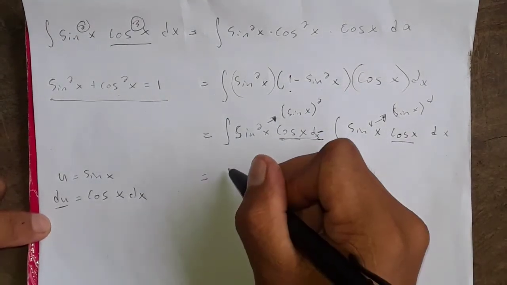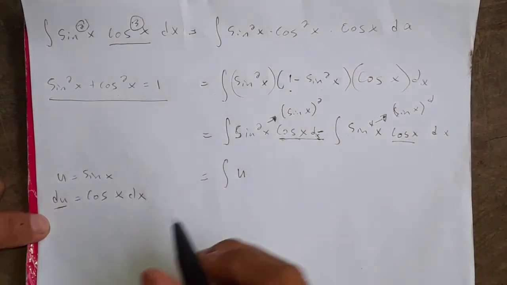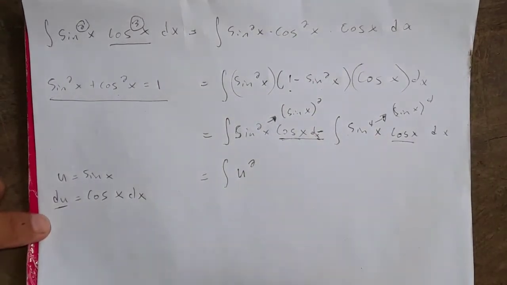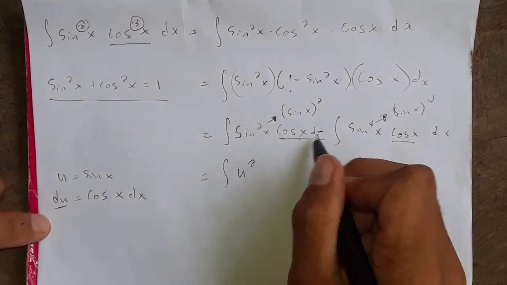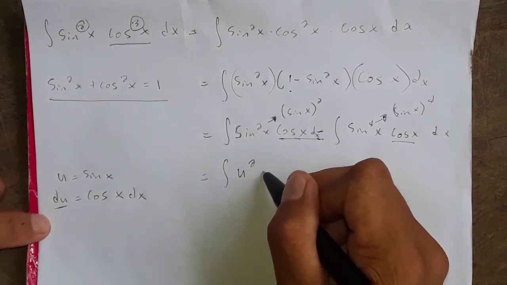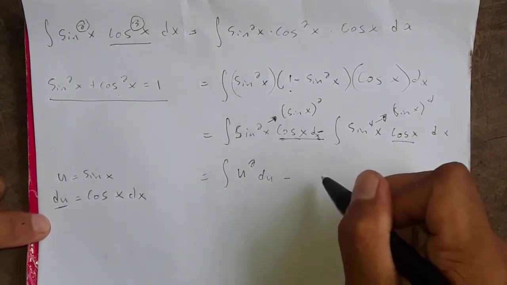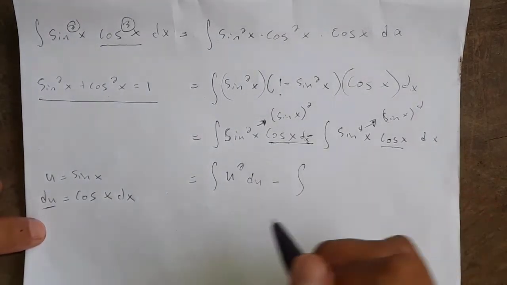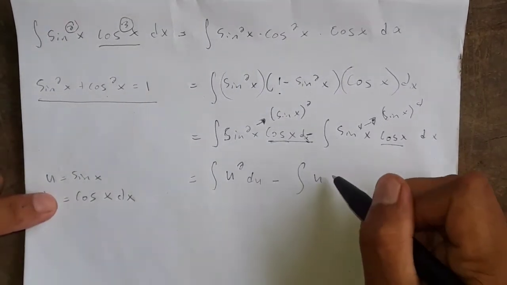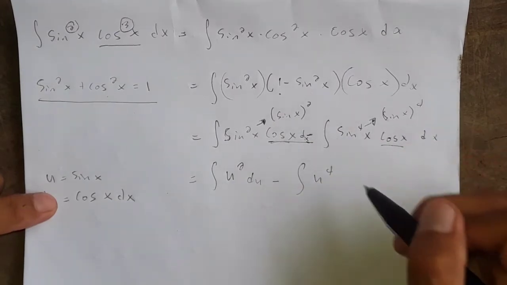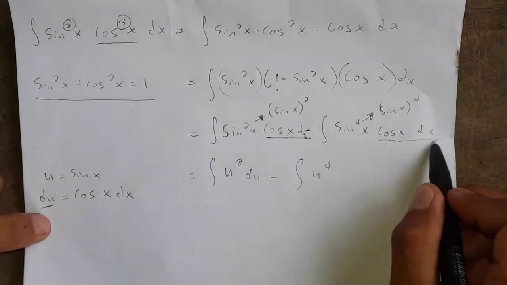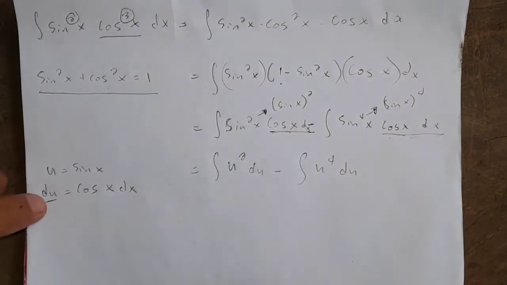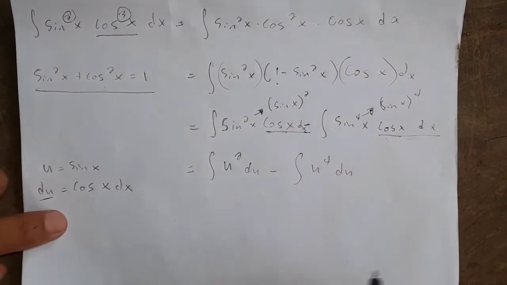Therefore we have the integral of u, which is our sine x, raised to the power of 2, and our cosine x dx is du, then minus the integral of our sine x, represented as u, raised to 4, and cosine x dx is also equal to du. So it is easy now to integrate using the power formula of integration.